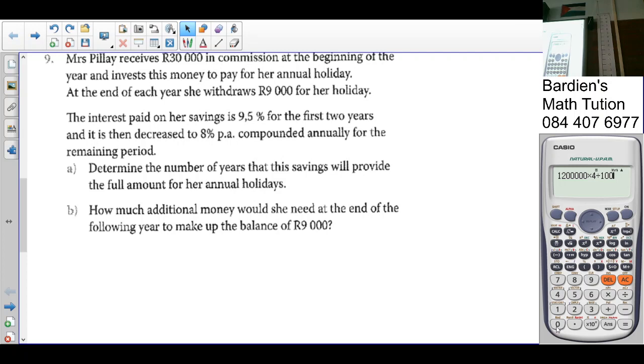However, if you have sold a house worth 1,200,000, then on that house alone you're going to get 48,000 rand.